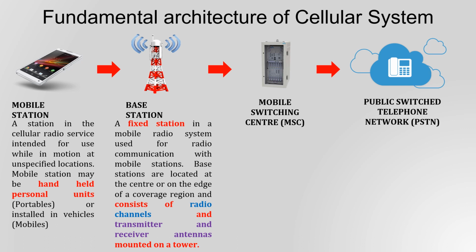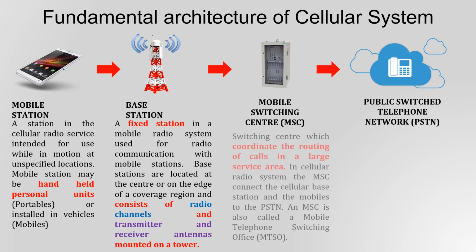They contain the radio channels, that is the total available channels allotted at the base station, as well as the transmitter and receiver, which are mounted on a tower just to increase the height of the transmitter antenna and receiver antenna. All the signals collected from the base station are now forwarded to the next stage, which we call the mobile switching center.